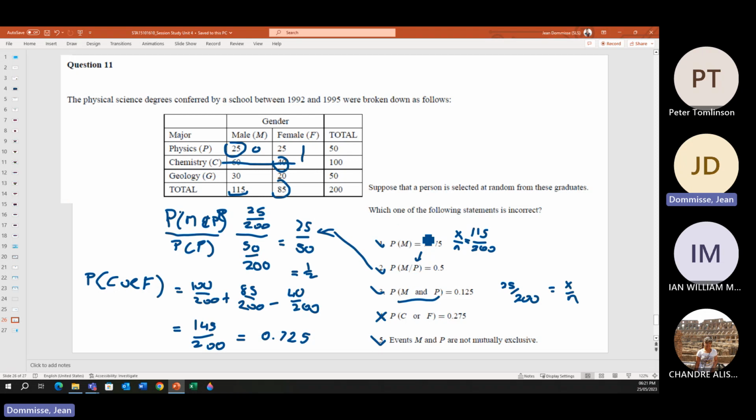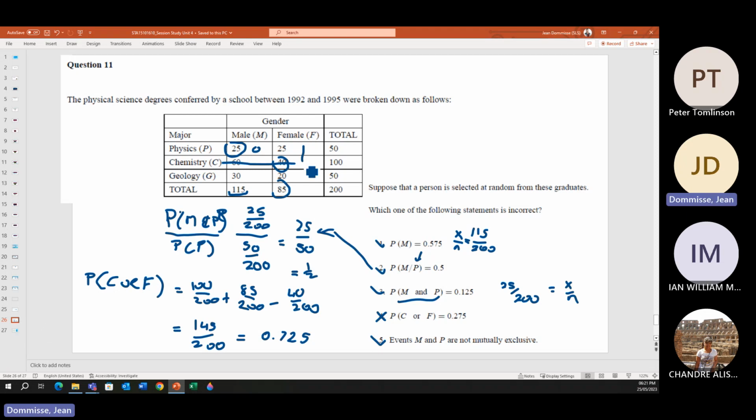So in a time-based assignment or exam, I would first go to the easier ones. You can nearly just say, well, probability of male, it's simple, it's 115 divided by 200. That is also how I did it: work out the ones that feel simpler first, so that you nearly eliminate the options before you need to do the longer one.